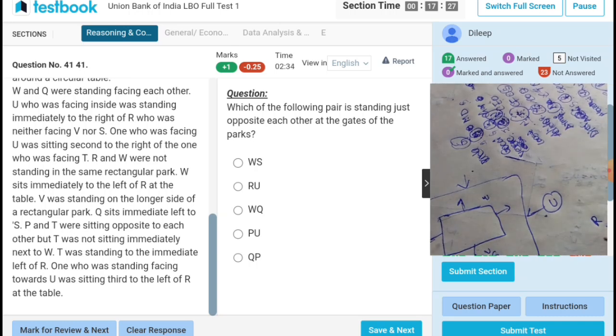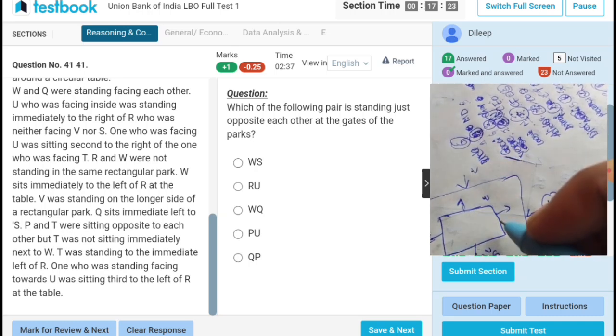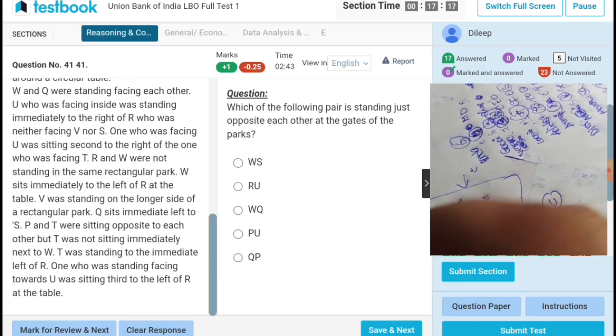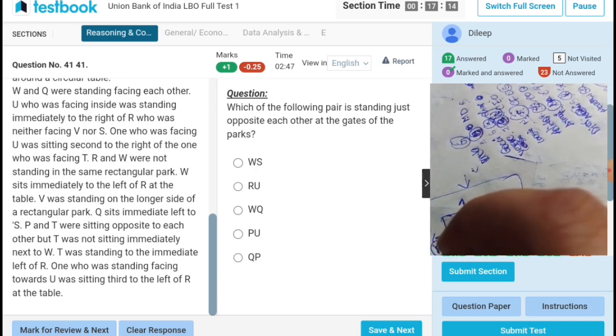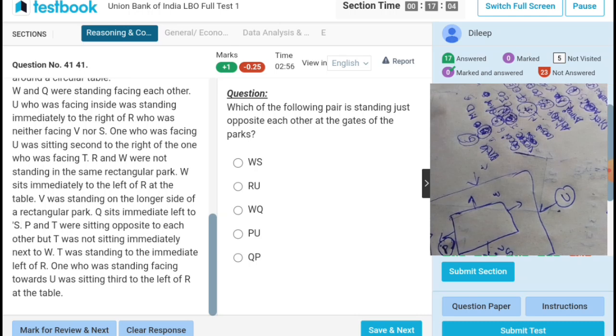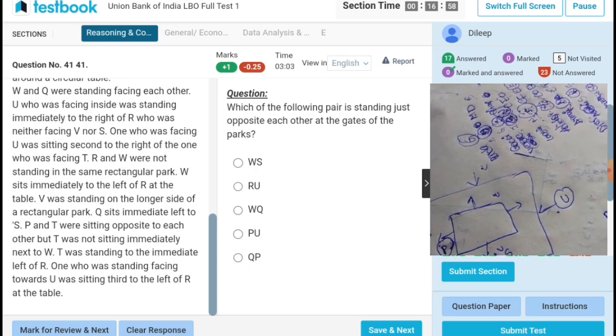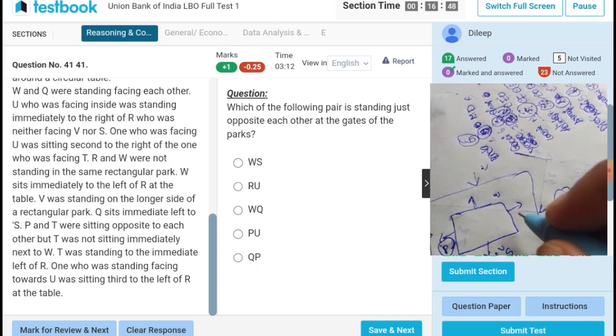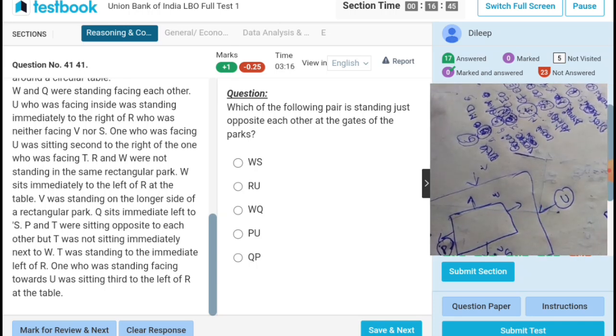Q is immediate left of S. P and T opposite to each other, but T was not immediately next to W. T is standing immediately left of R. The one who is facing towards you, sitting third to the left of R at the table.